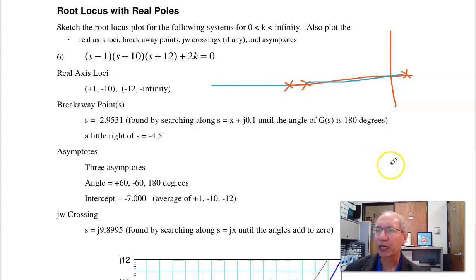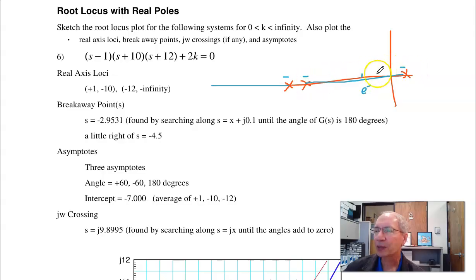There's the real axis loci. The breakaway point will be roughly the middle between plus 1 and minus 10, minus 4.5, pushed right by that minus charge. These poles are like minus charges, zeros are plus charges. Take an electron, it reaches equilibrium right about here. So there's the breakaway point.